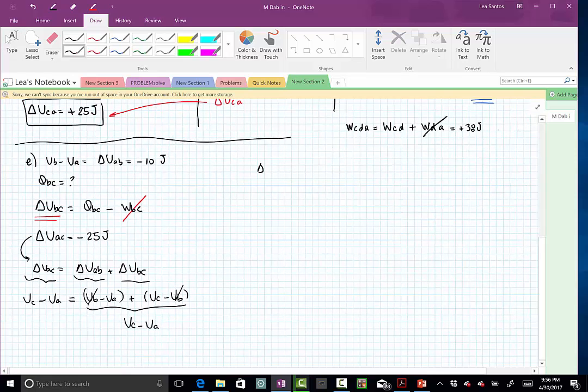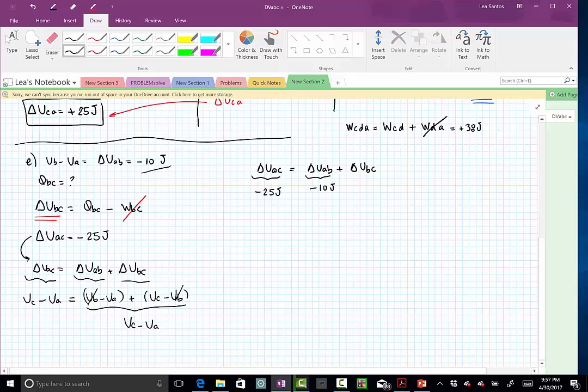All right, so let's write this equation here again. What we have is this delta UAC is equal to delta UAB plus delta UBC. Delta UAB they gave us. It's here. This delta UAB is minus 10 joules. Delta UAC we computed in the beginning of the problem. This is minus 25 joules.